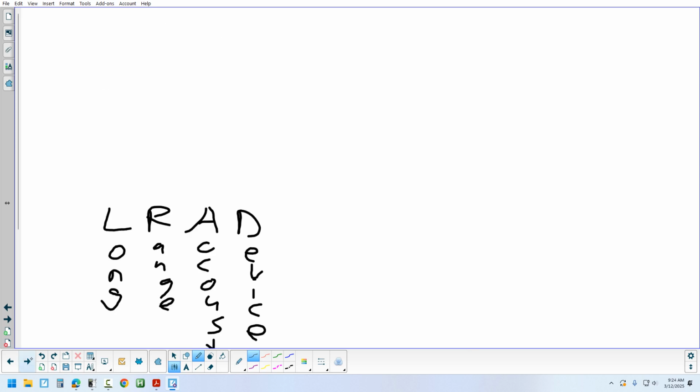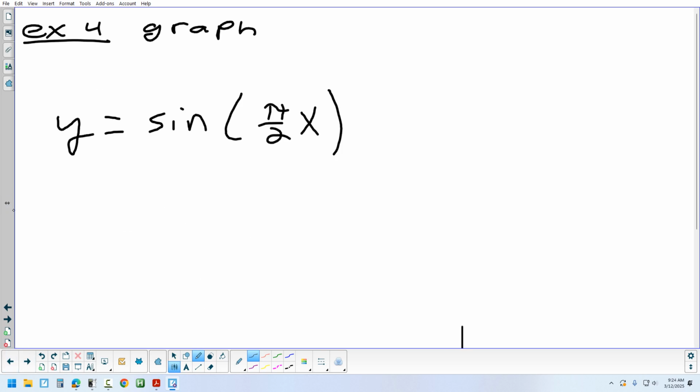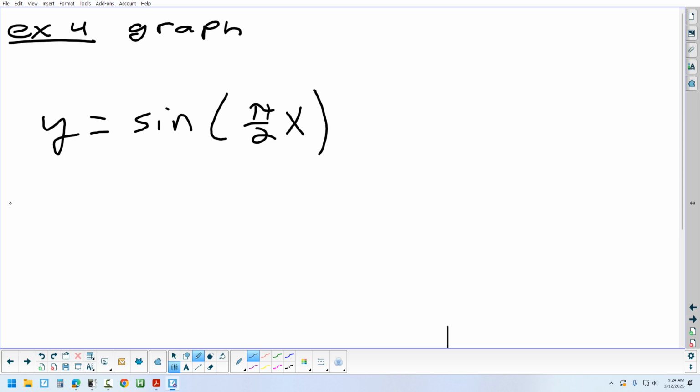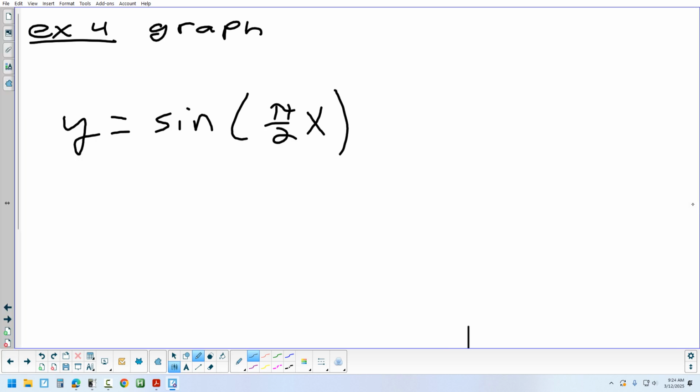So let's look at this last one. Sine of pi over 2 x. All right. So it follows the same pattern as the last problems that we did. It's multiplication, and it is inside the parentheses, so it is going to stretch or compress horizontally.